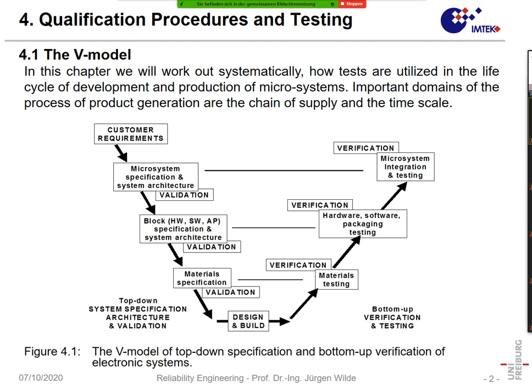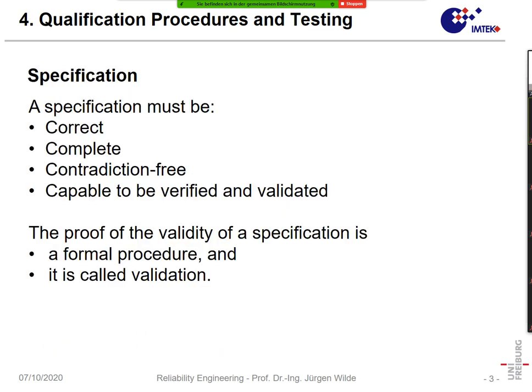But we must see, normally in a company, we do not have a single product which has a single development, but a company has many products, it has many microsystems, and so there can be a more efficient approach to this. First of all, let's come back to the specification. A specification must be correct.